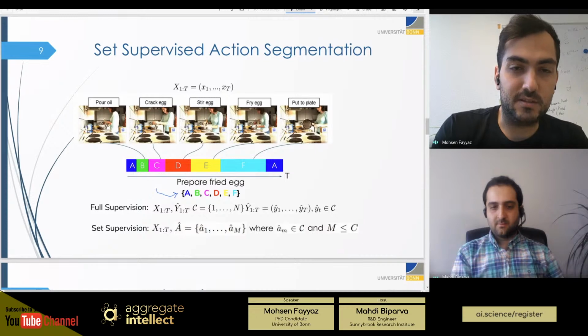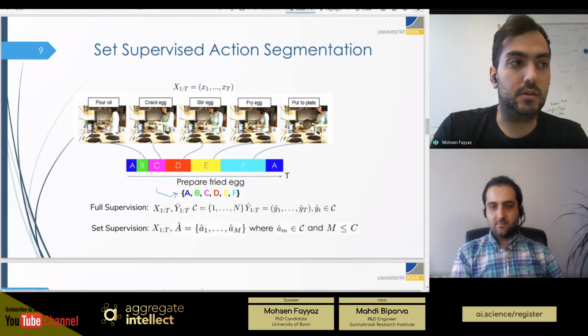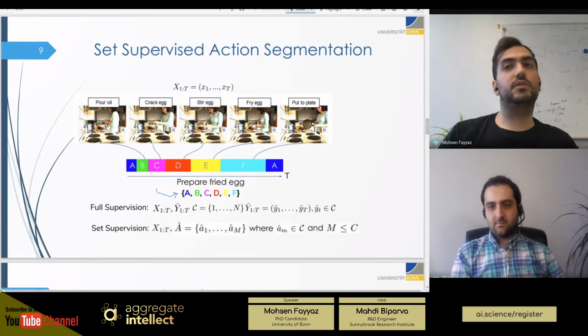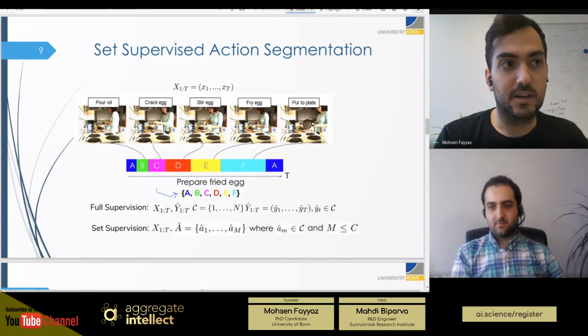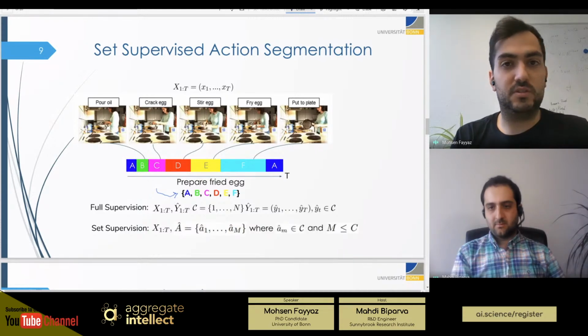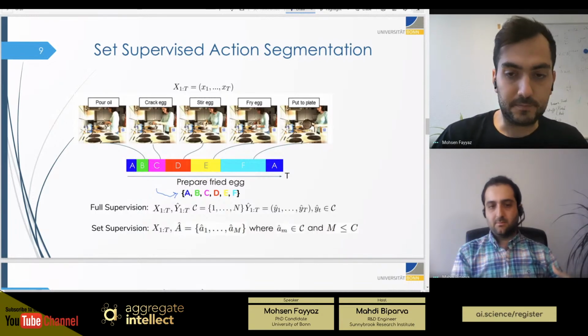So how can we get this type of supervision from the web really? You can use the tags people provide when they are uploading their video to social media or wherever. They describe their video with some tags, and you can use the tags as a source of supervision.